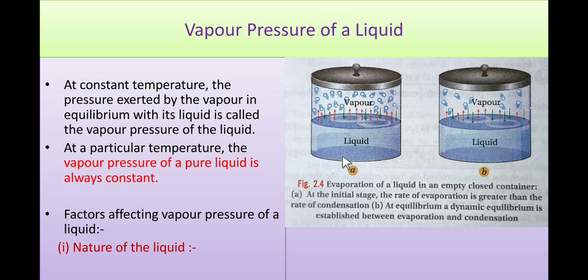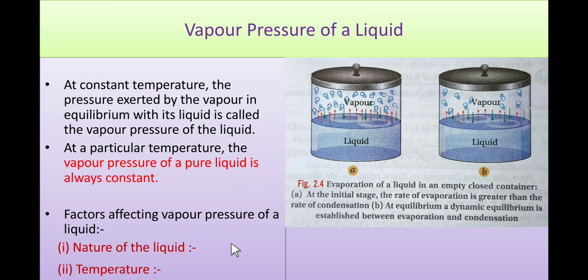For example, intermolecular forces of attraction of ethanol are weaker than that of water, indicating a greater tendency of ethanol molecules to go into the vapor phase. Therefore, ethanol has a higher vapor pressure than water at a given temperature.